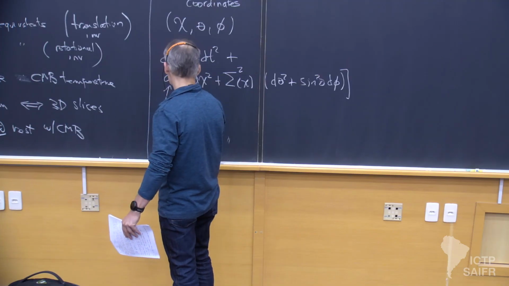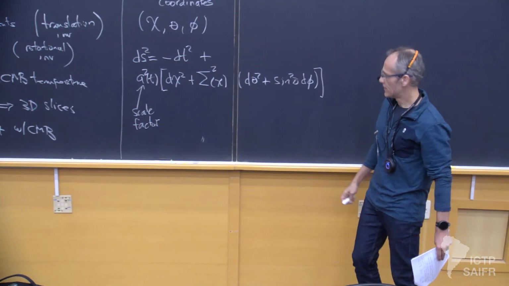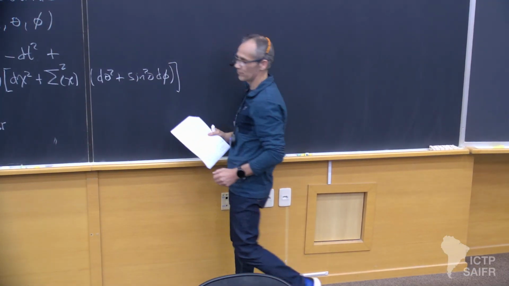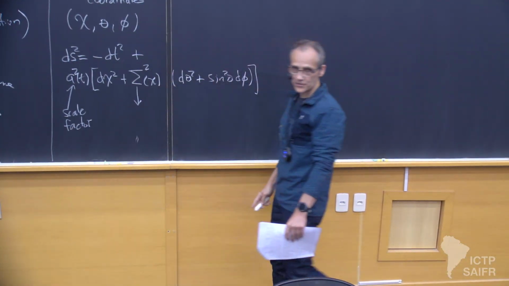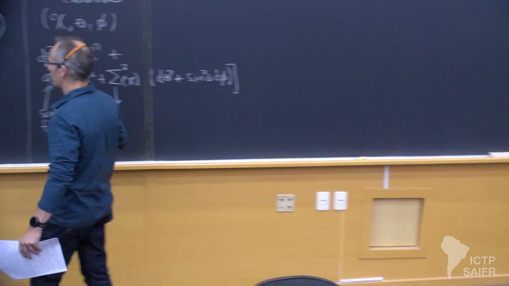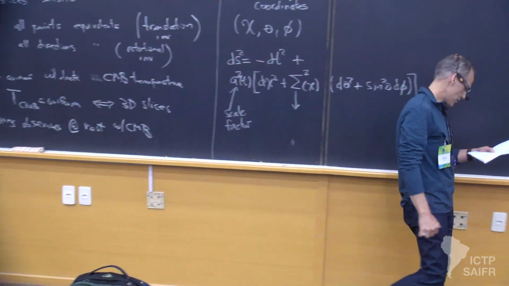Yes, thank you. And then just from the considerations of isotropy, this is the angular part of the metric, and this function is fixed up to a constant by the assumption of homogeneity.